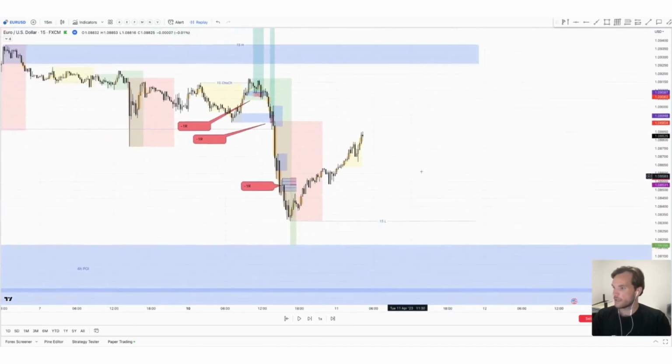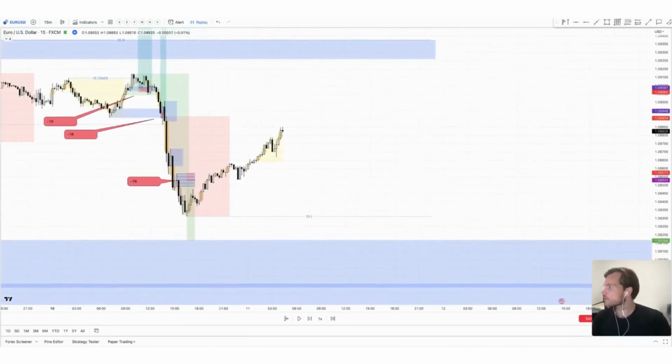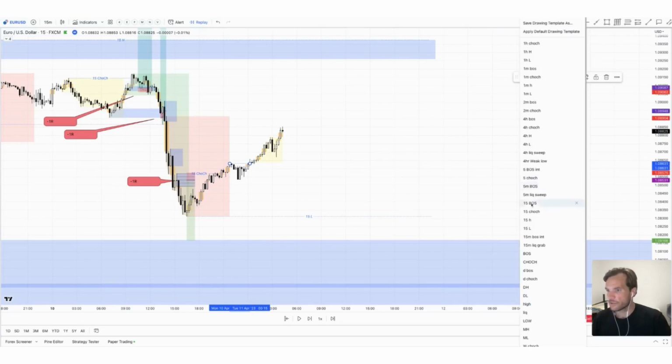So I'd be happy to have a look at this internal structure, what we've got here. I guess we've had a form of chalk, and then we had a little sweep of liquidity, but then we've got another 15-minute break of structure, internal.